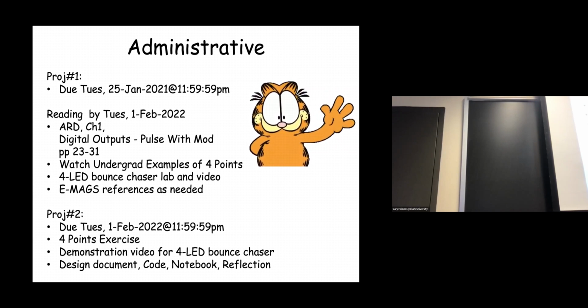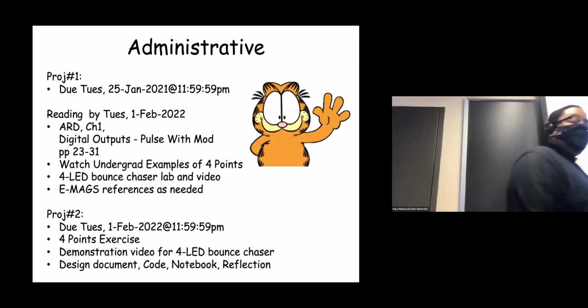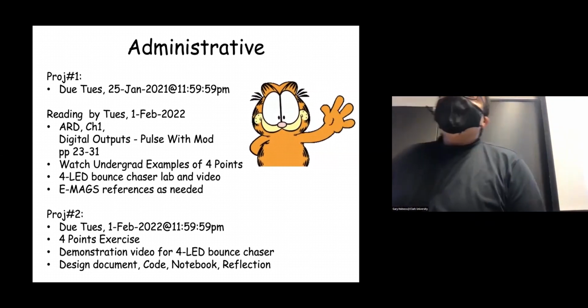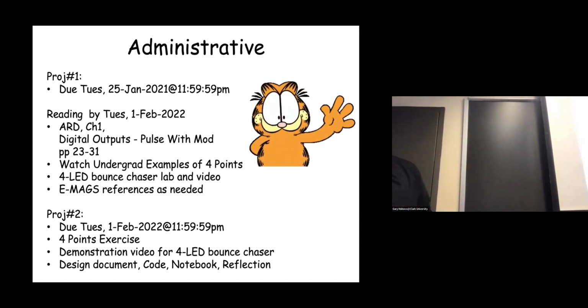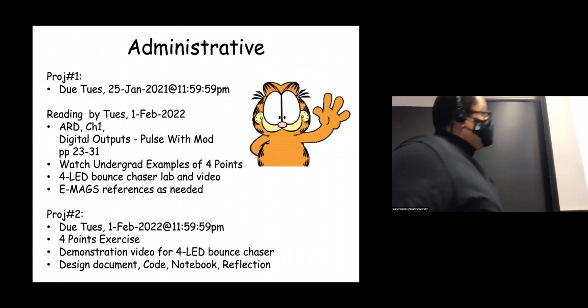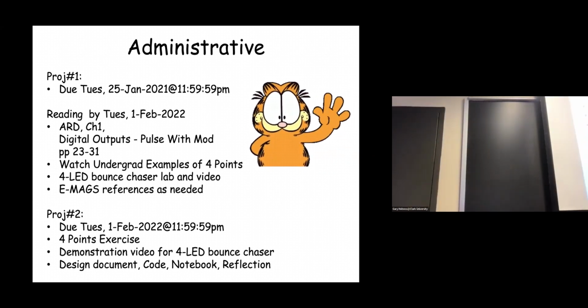The reading has changed, and what I like to do is keep a running list of all the reading assignments, and it's up on the Moodle site. Please make sure you're checking the Moodle site. I've curated a lot of information there for your benefit.